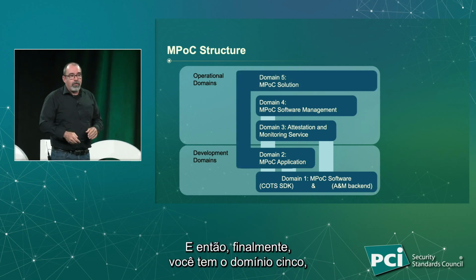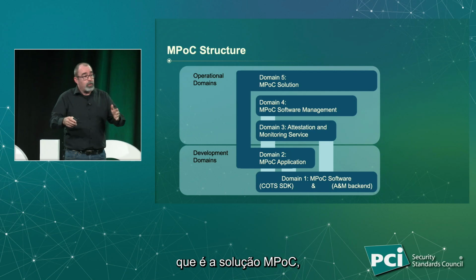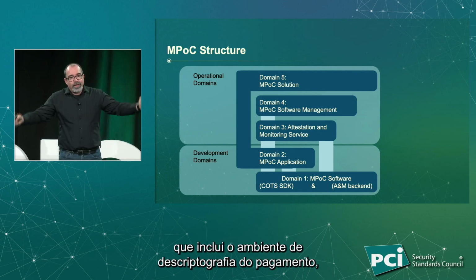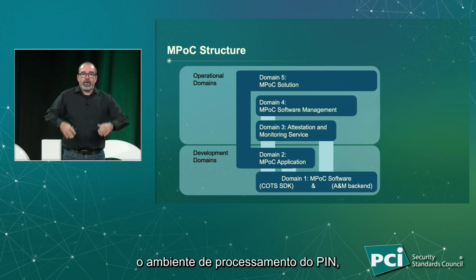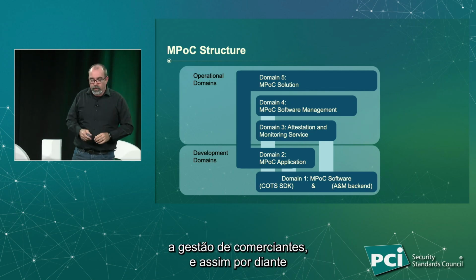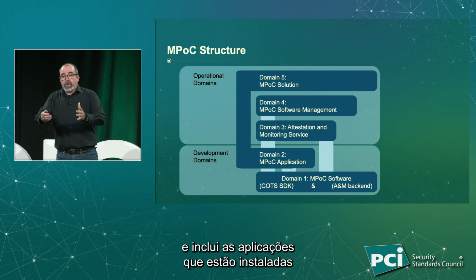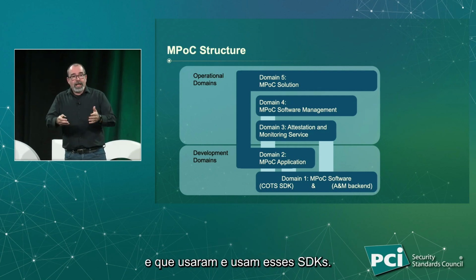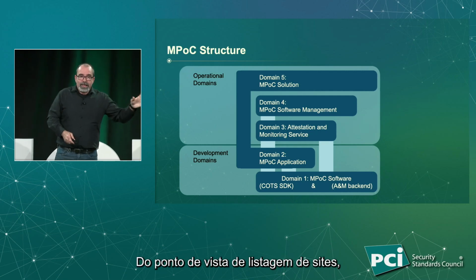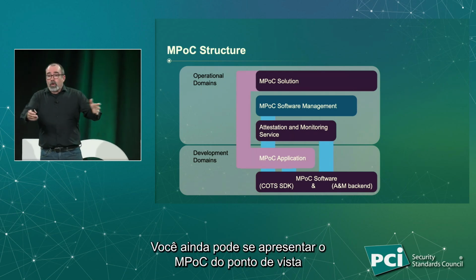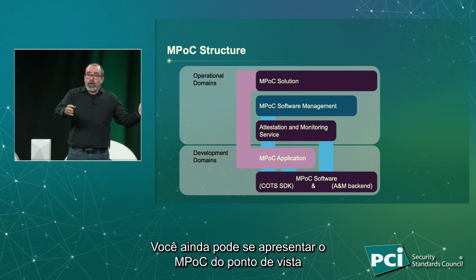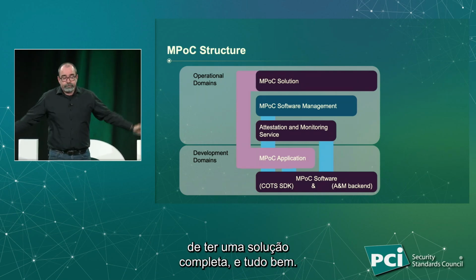And then finally, you have Domain 5, which is the MPOC solution, which incorporates the payment decryption environment, the PIN processing environment, the management of merchants, and so forth, and includes the applications that are installed and utilize those SDKs. From a website listing point of view, there can be 3 listed products. You can still approach MPOC from the point of view of having a whole solution. And that's fine.